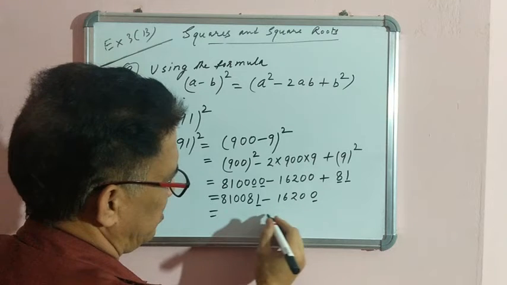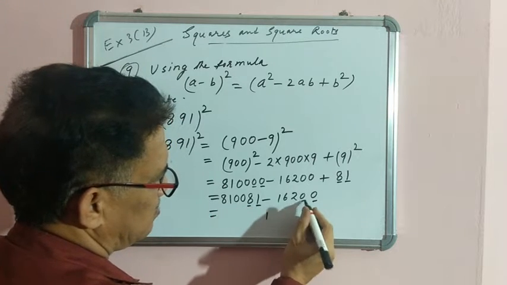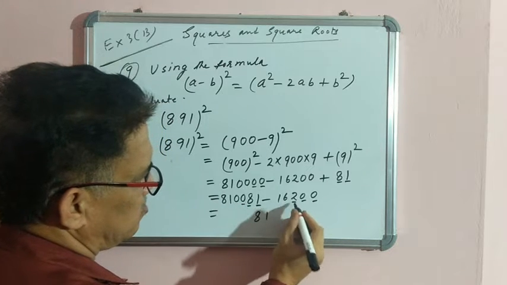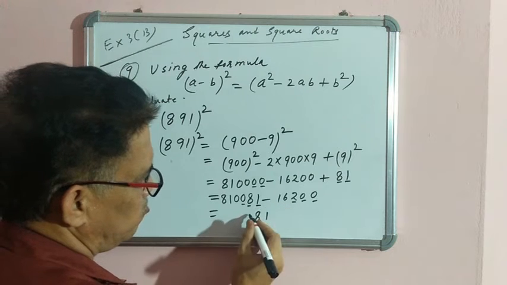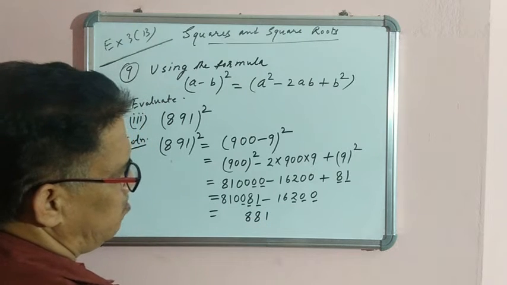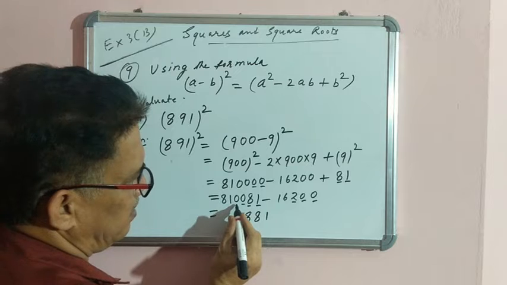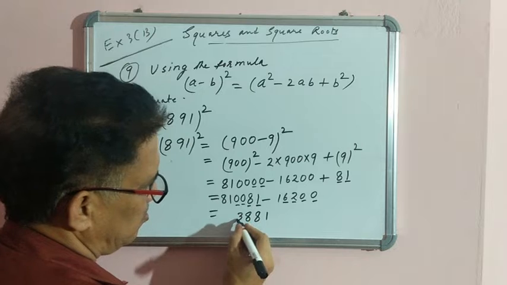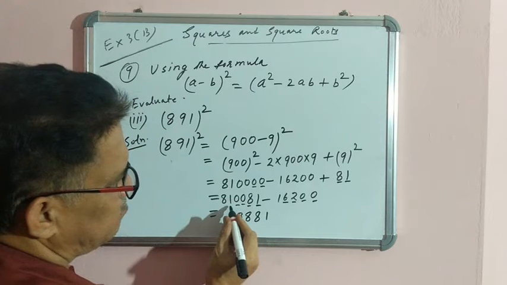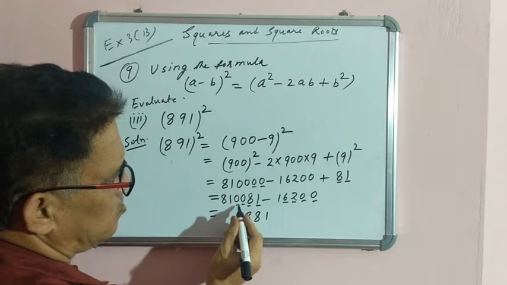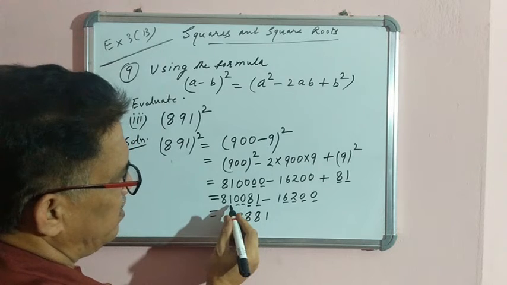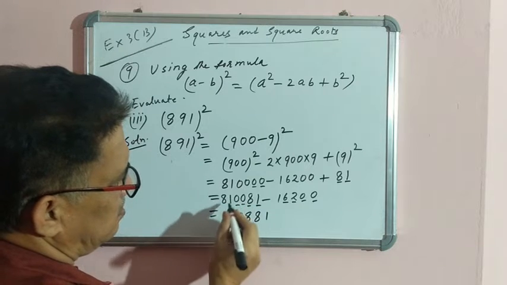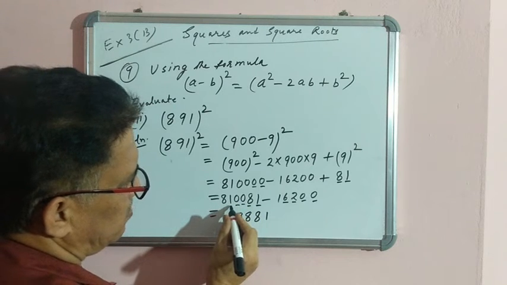1 minus 0 is 1, 8 minus 0 is 8, then 0 is there and 2 is there, so it will become 10 minus 2, that is 8. Now here it becomes 9, so 9 minus 6, you are getting 3. The 1 has been borrowed, so now it is 10.